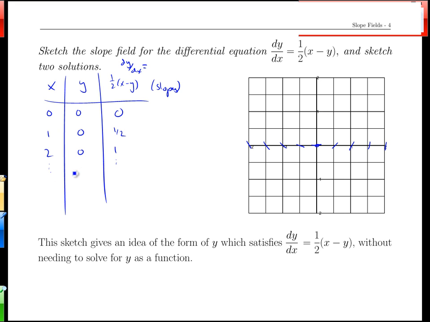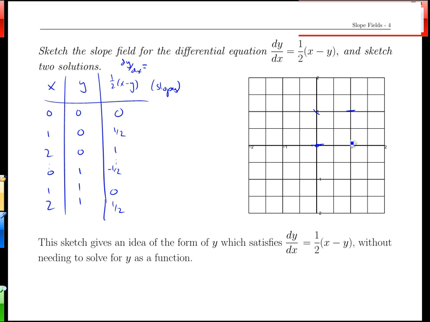Let's jump up a bit. Let's make y equal to 1, and then do a scan across here. If y is 1, we get a slope of -1/2. If x is 1 and y is 1, we get 1 minus 1, that's 0. And then 2 minus 1 is 1, but then we take a half of that. So we get a similar relationship of slopes, except, and I just realized I did all these slopes too early, my apologies.